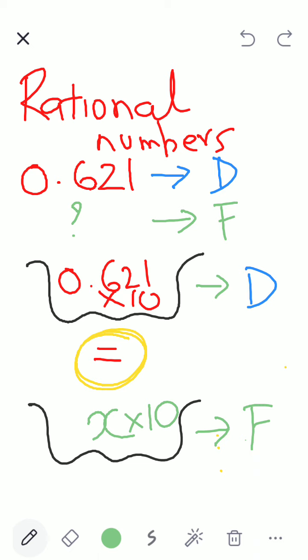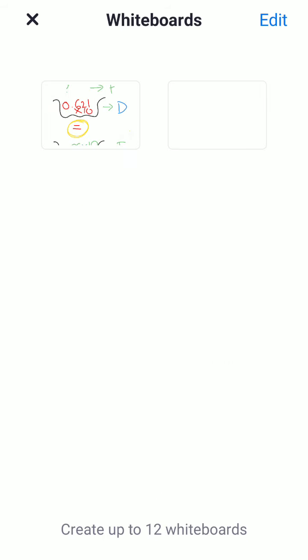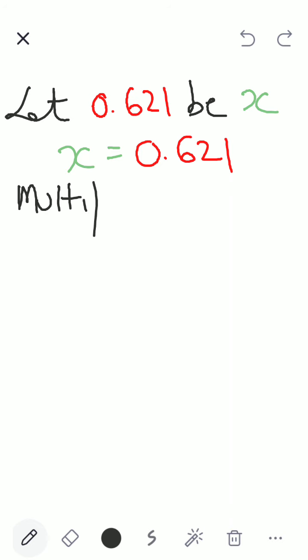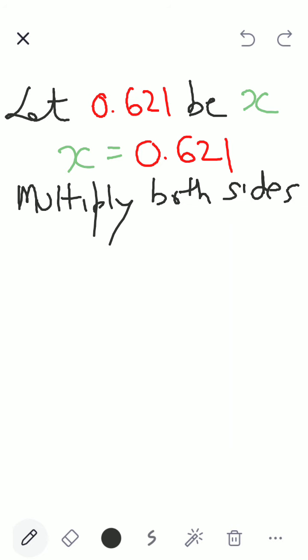Correct, no, children? So I will say multiply both sides. We'll not write bag, we'll say sides. Green side and red side. Both sides by 10. Why should I multiply by 10? Am I right?